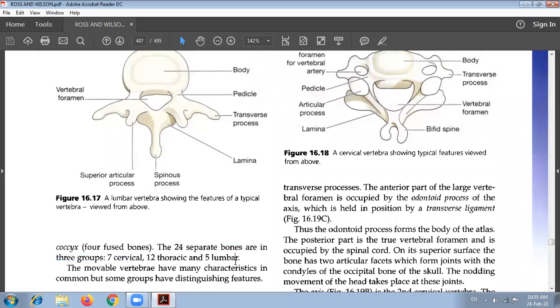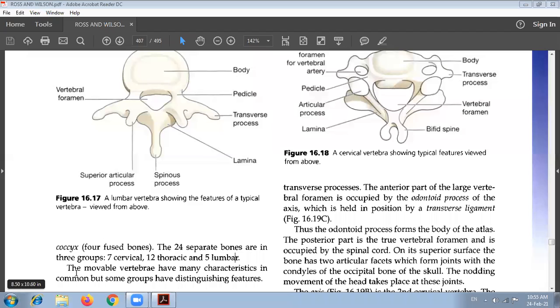So the vertebral column has near about 26 bones. That means the 24 vertebrae which are movable, while one is the sacrum bone and the next is the coccyx bone that are fused. So the 24 vertebrae plus 2, 26 bones.